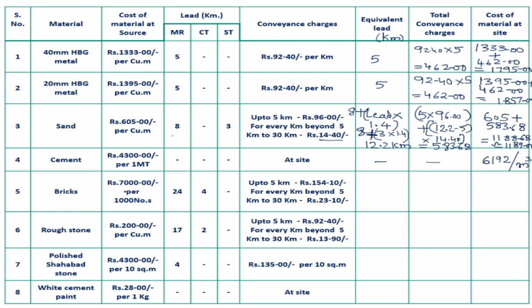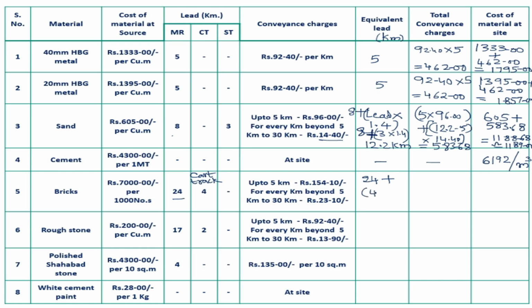The next material is bricks. Brick cost is 7000 rupees per 1000 numbers, and the distance is 24 kilometers on a metal road, and CT is cart track. So it is taken through a cart track at a distance of 4 kilometers. Equivalent lead is 24 kilometers metal road plus cart track at a distance of 4 kilometers.